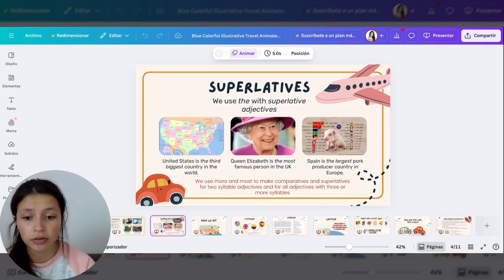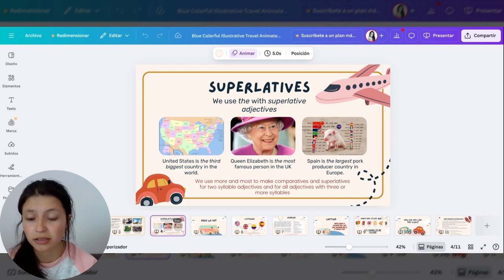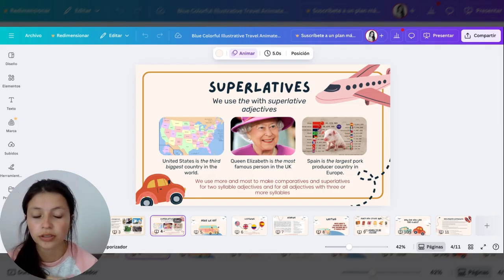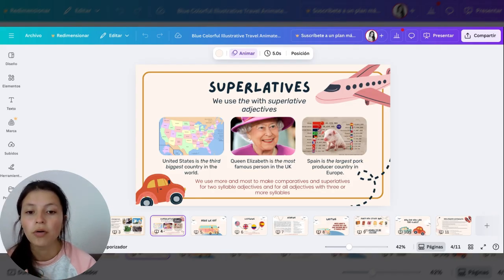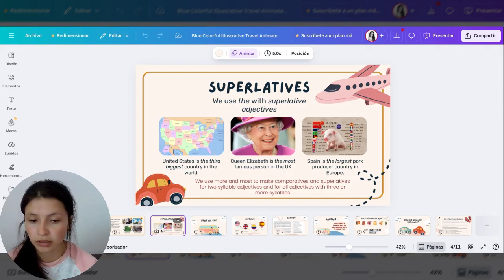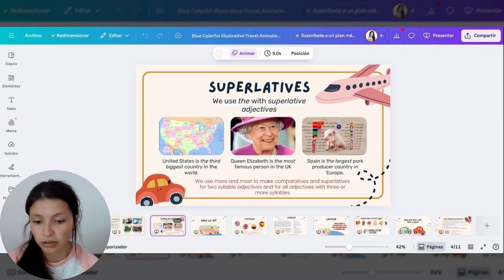So, for example, the United States is the third biggest country in the world. Then Queen Elizabeth is the most famous person in the UK, and Spain is the largest pork producer country in Europe. So, why we use superlative? Because it's something that is over something, and it is the most.